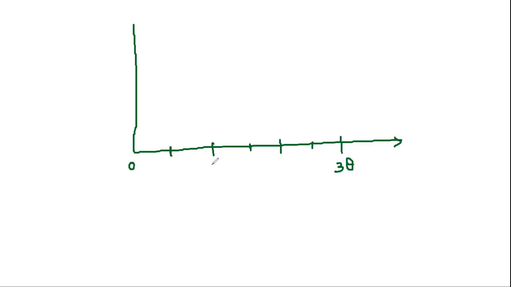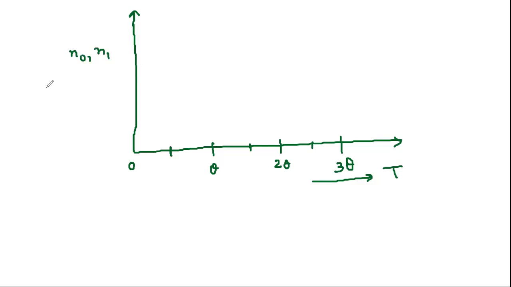Here is theta, is 2 theta, and on this axis, we are plotting temperature T. On this side, we are plotting simultaneously N0, N1 both.